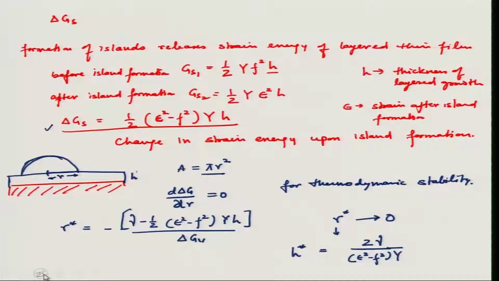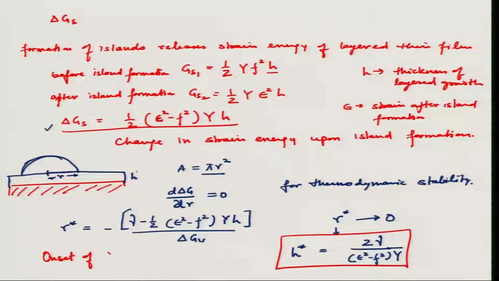So, this will be my onset of Stranski-Krastanov growth, this thickness. We can write this as onset of Stranski-Krastanov growth, or switch from Frank-van der Merwe to Volmer-Weber.